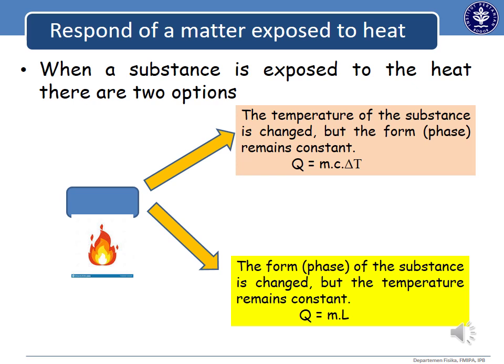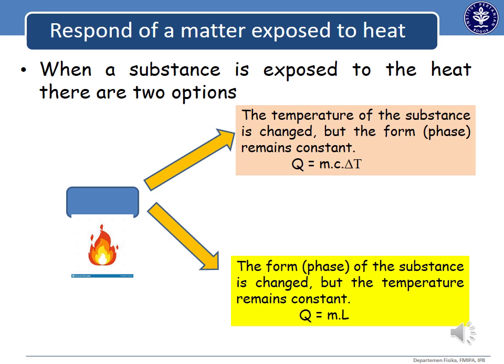You can only have one option at a time. You cannot have both happen at the same time. When a substance is exposed to heat, either the temperature of the substance changes but the phase remains constant, or the phase of the substance changes but the temperature remains constant.